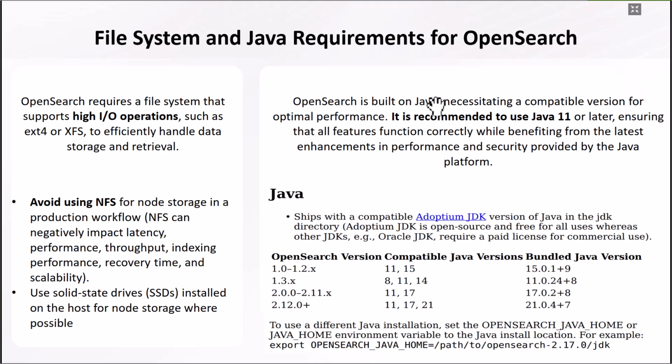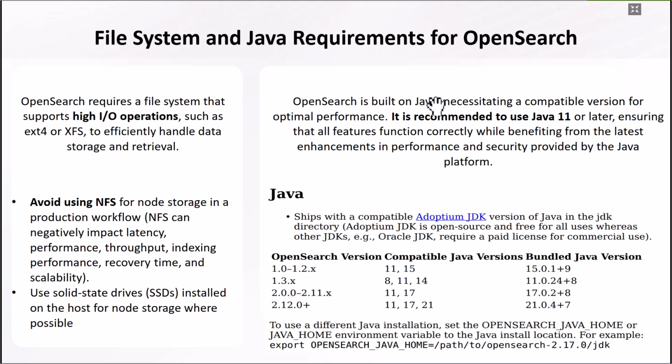It is also recommended to use solid-state drives for node storage. Java is required for OpenSearch to work, and it is recommended to use Java 11 or higher. Of course, OpenSearch ships Adoptium JDK, which is a non-Oracle version that can also be used for the install.